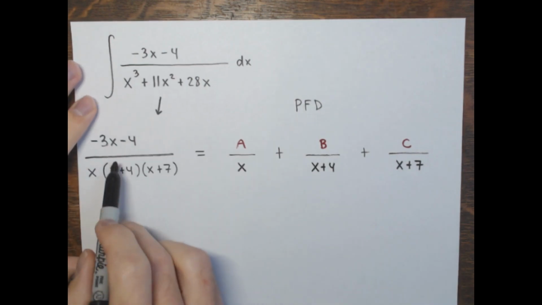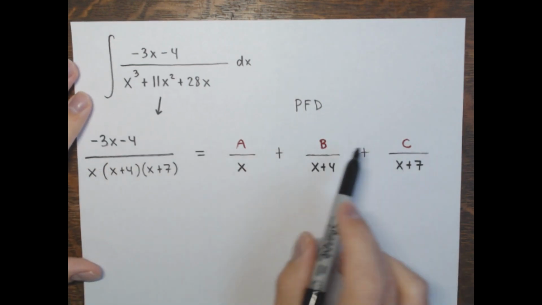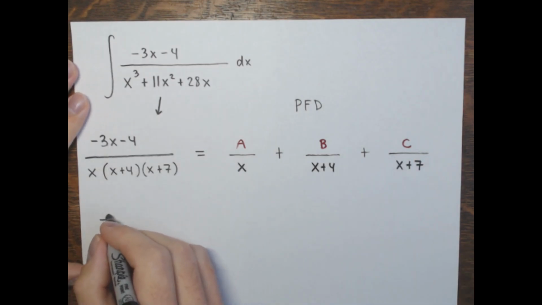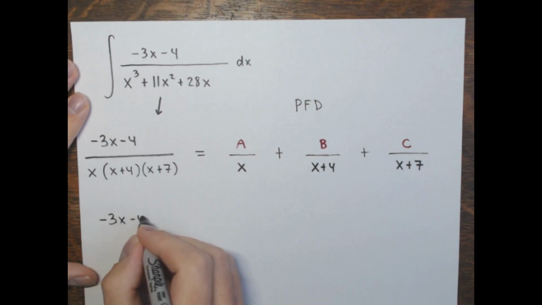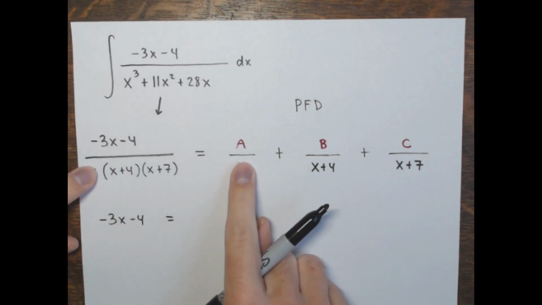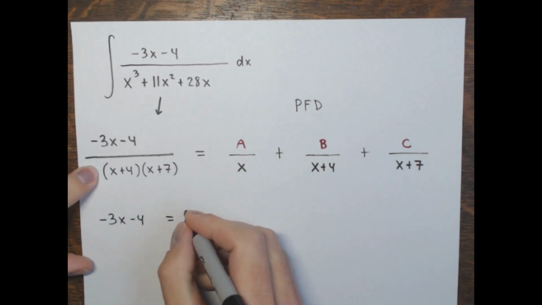All right, so what I'm going to do now, to try to find the A, B, and C, is multiply by the denominator. So we got negative 3x minus 4 on the left. When I multiply this fraction by the denominator, the x's would cancel. I have A times x plus 4 times x plus 7.